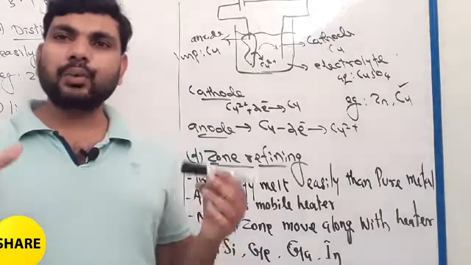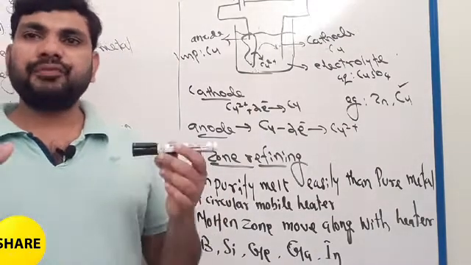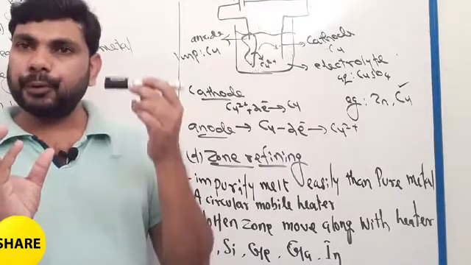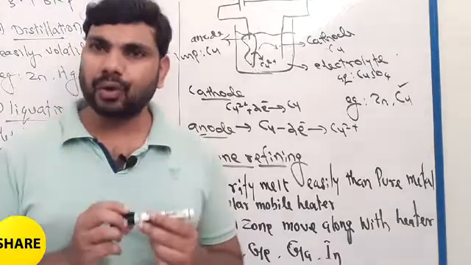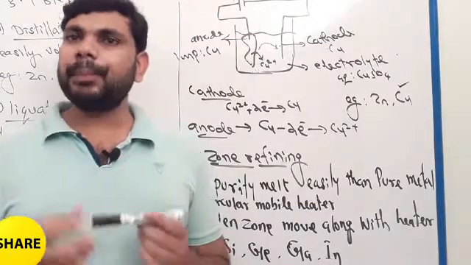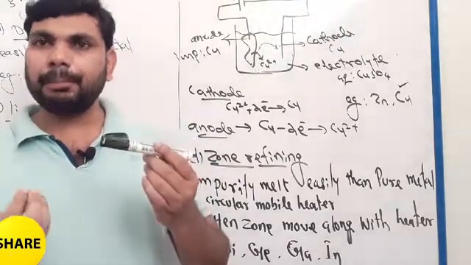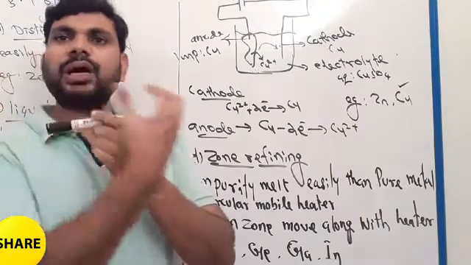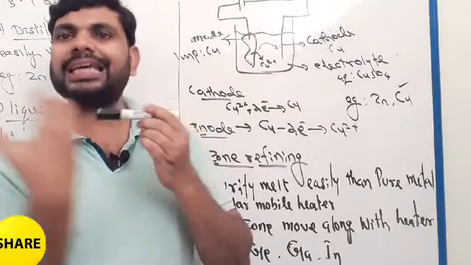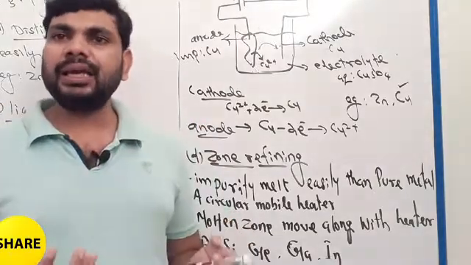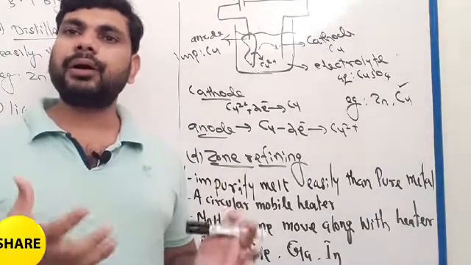A circular mobile heater is fixed at one end of the impure metal, heating one end of the metal rod, and impurities will melt. The heater will move from one end to another end and the impurities will move along with the heater. Finally we will obtain a pure metal rod.